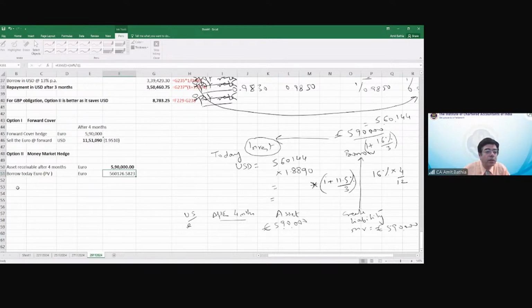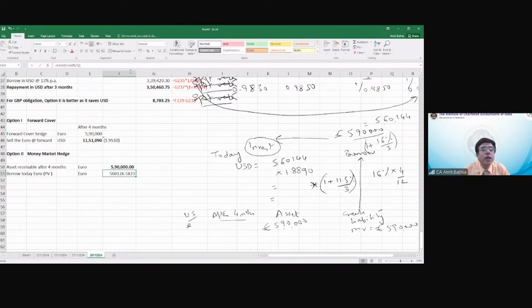Now I have already got the borrowing in euros. I've borrowed in euro, so I'm going to sell it in my local market today, at the spot rate, in the present time.